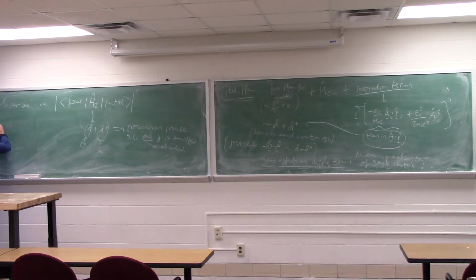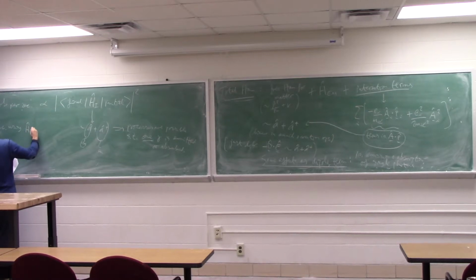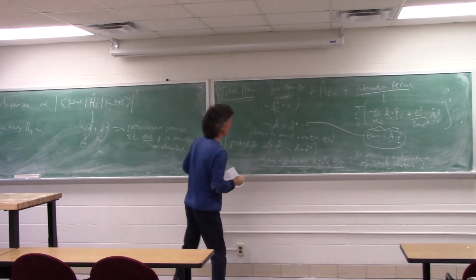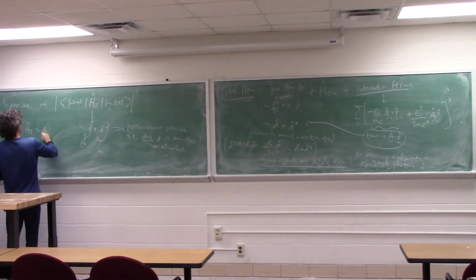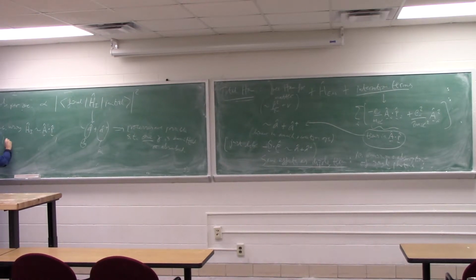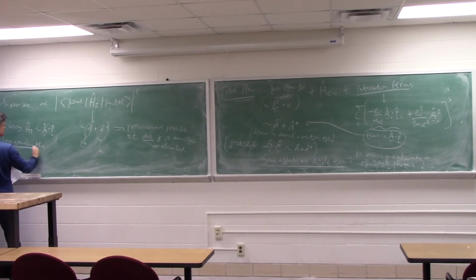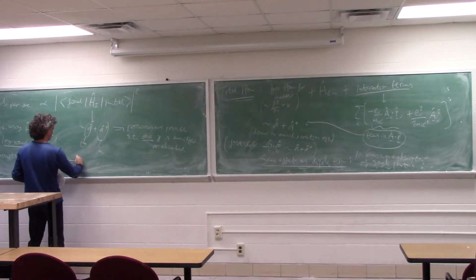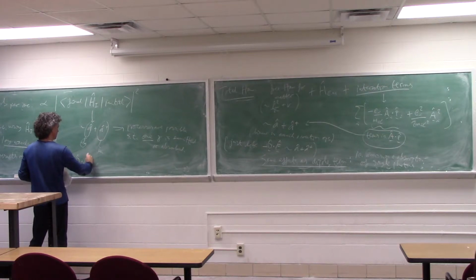Furthermore, if you calculate using the interaction Hamiltonian of this form, A dot p, for long wavelengths, the results reduce to those of minus d dot E, the electric dipole.